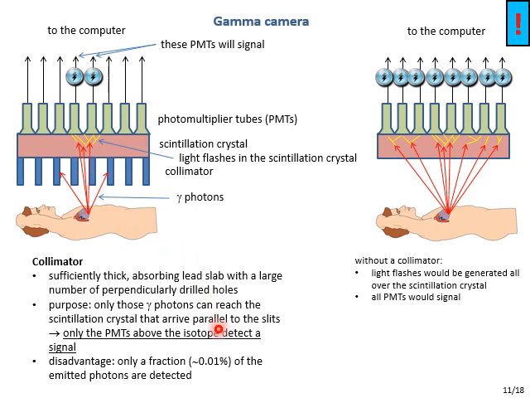Therefore, only a tiny fraction of the emitted radiation is actually detected. But we have to be able to live with this disadvantage, because that's the only way we can locate the signal, as shown if you compare the real gamma camera with the one from which the collimator has been removed.